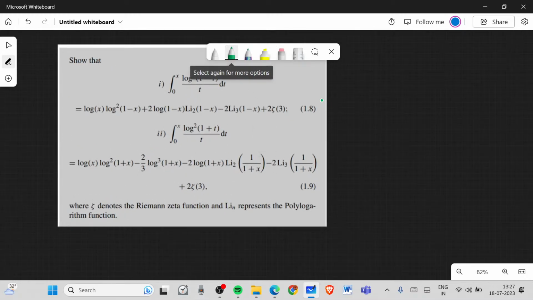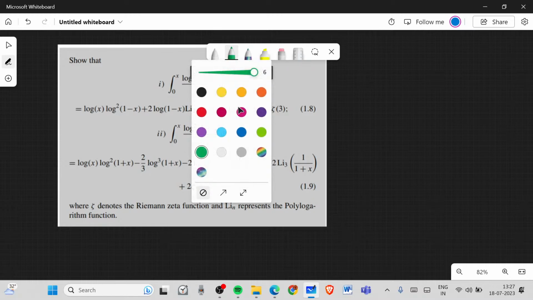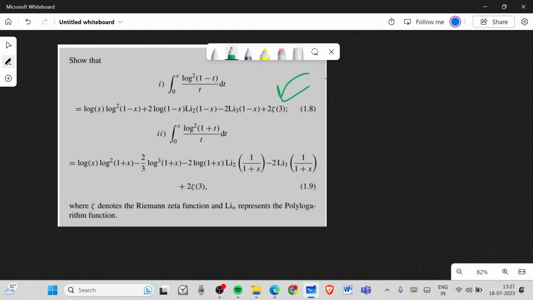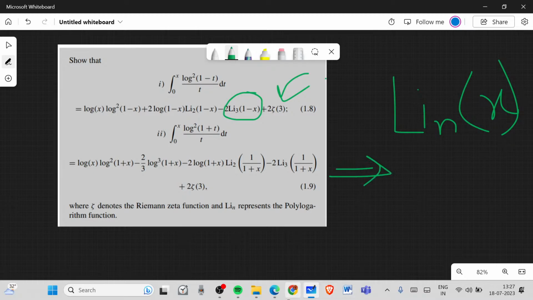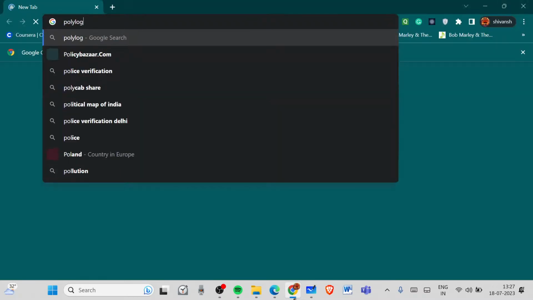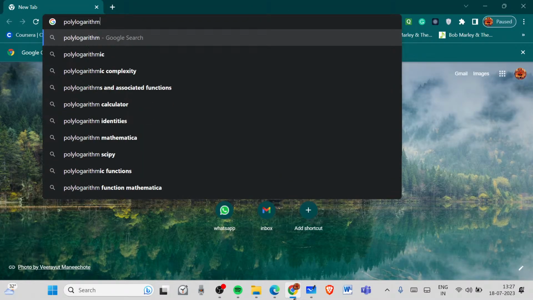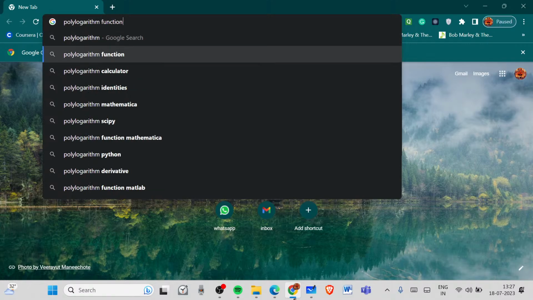Like zeta, which we have been using for so long in our videos, but this is the first time we are going to deal with Li_n(x). So basically Li_n(x) is known as the polylogarithm.